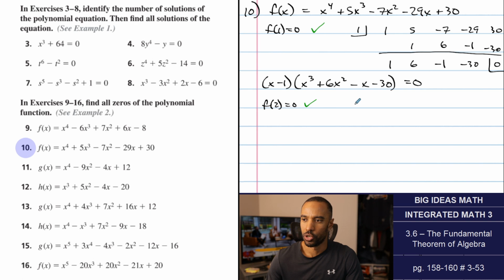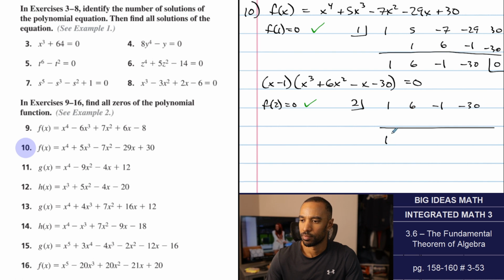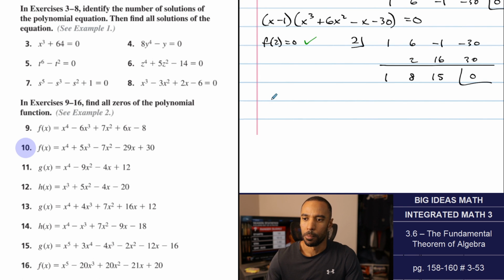Okay, so for 2, we're going to use it on this guy right here. So we got 1x cubed, 6x squared, negative 1x, and negative 30. And we break it down to now this guy. So x minus 1 times x minus 2 times x squared plus 8x plus 15 equals 0.